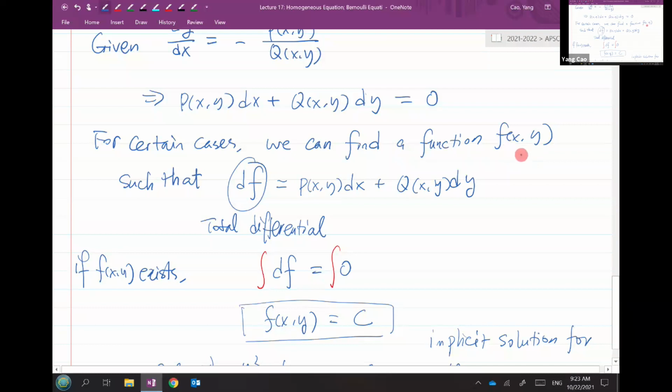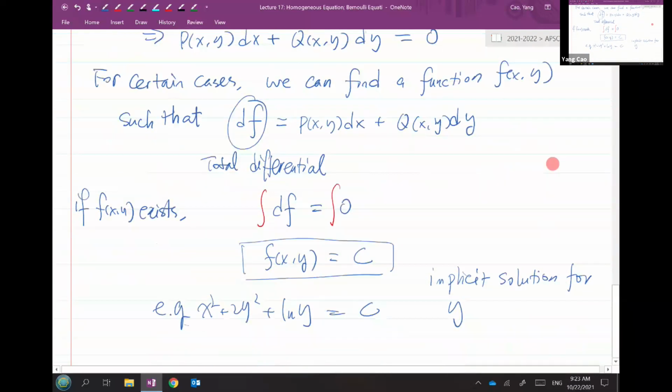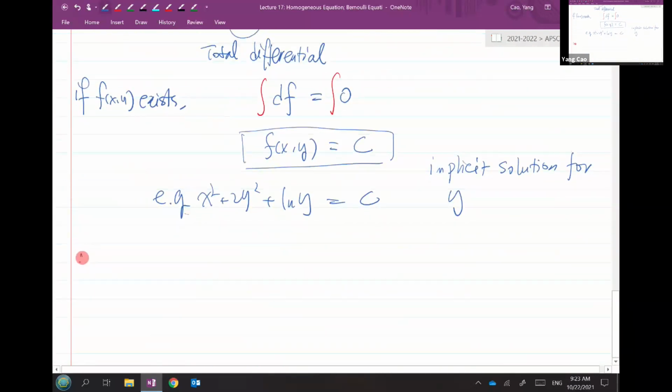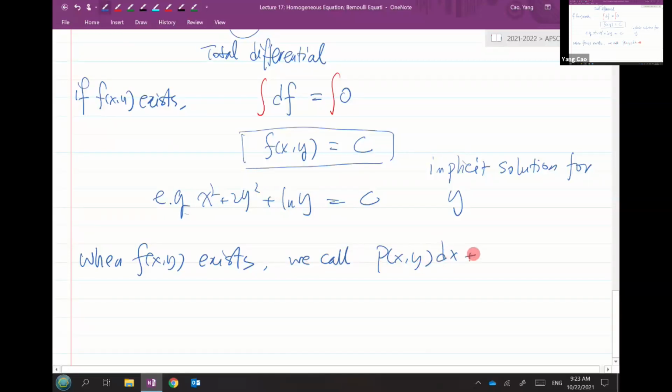So there are basically two questions, and if you can answer these two questions, then you have a solution here. When this function f of x, y exists, we call this differential equation an exact differential equation.